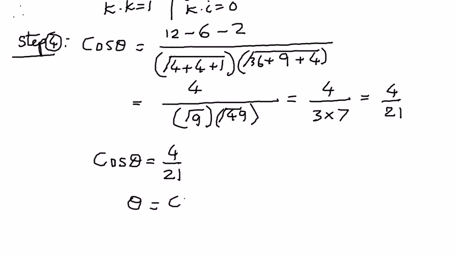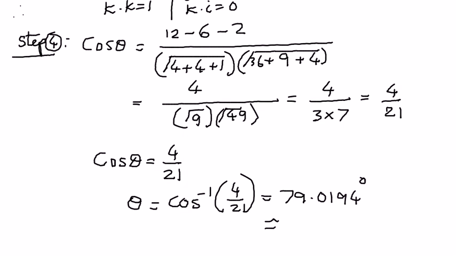We can express this as cosine inverse of 4 over 21. When we use our scientific calculator, the value comes out as 79.0194 degrees, or you can round it to approximately 79 degrees. The value of theta, or the angle between these two vectors, is 79 degrees.